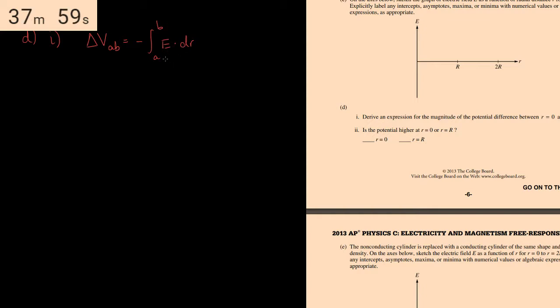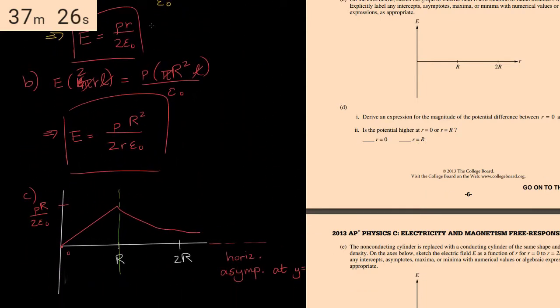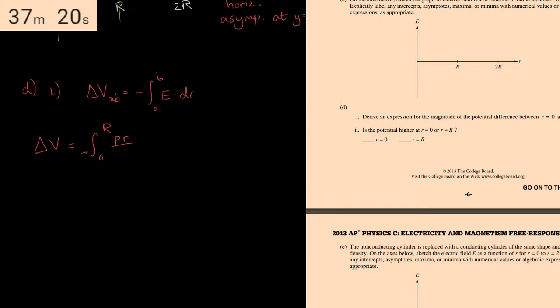So if we're finding the potential difference from r equals 0 to r equals big R, we're going to have A equals 0, B equals big R, and then it's negative because we're really going from R to 0, not 0 to R. So the change in potential is going to be the negative integral from 0 to big R of the electric field inside the cylinder, which is rho r over 2 epsilon 0, so rho r over 2 epsilon 0 dr.